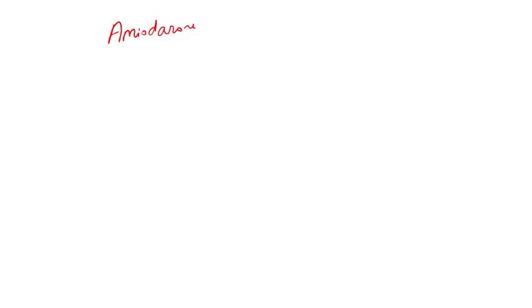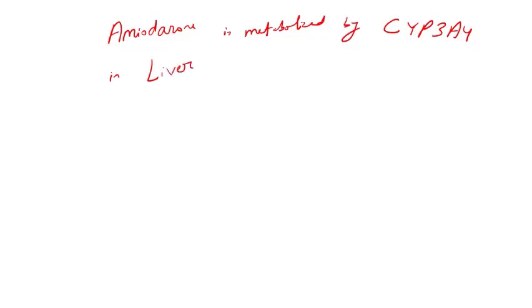Amiodarone is metabolized by CYP3A4 in liver to desmethyl amiodarone.